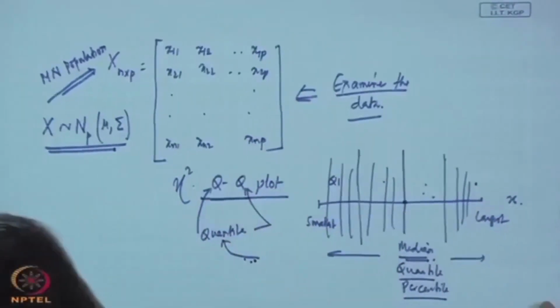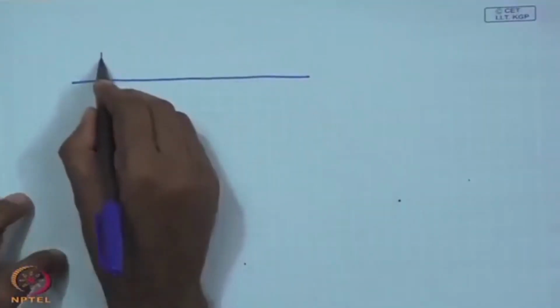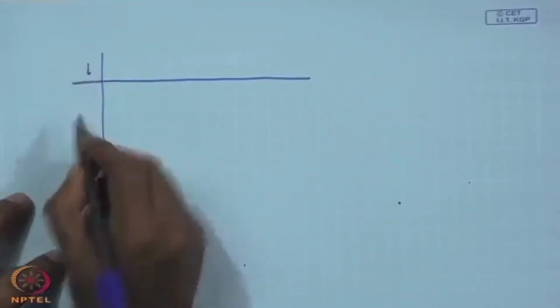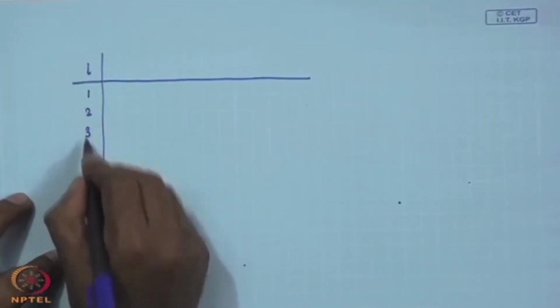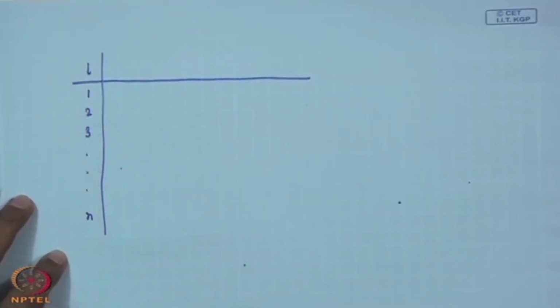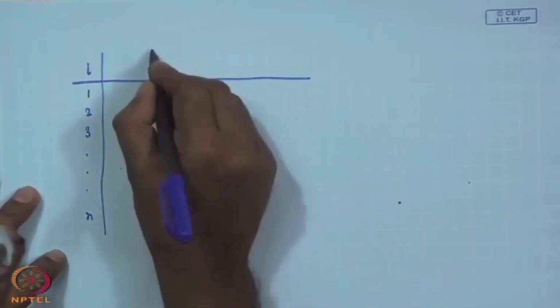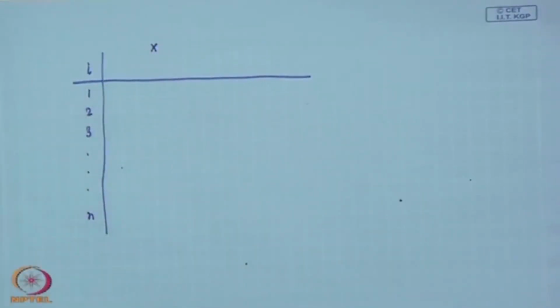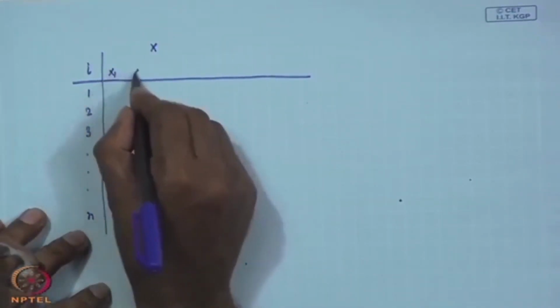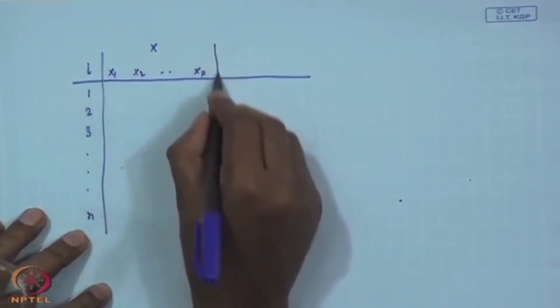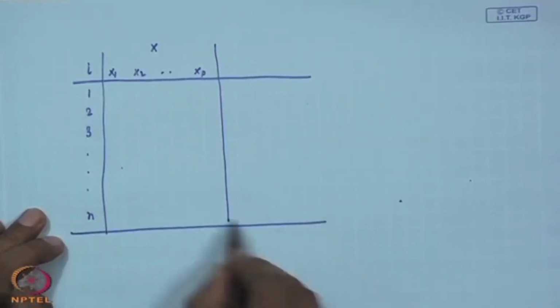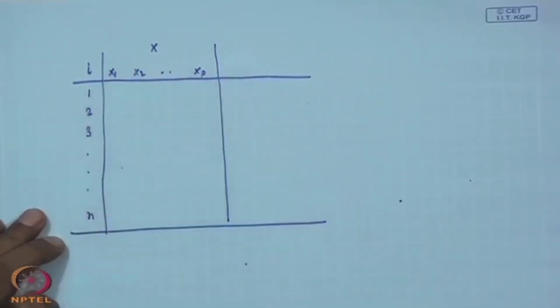So, by the quantile plot we want to see how multivariate normality will be assessed. For example, suppose you have collected n data points, 1, 2, 3, up to n data points. Let the data be x1, x2 up to xp variables, and I am sure all of you are in a position to fill this up.